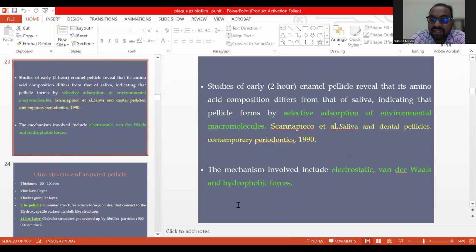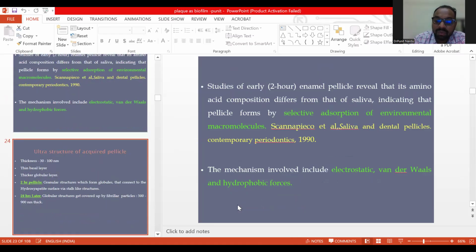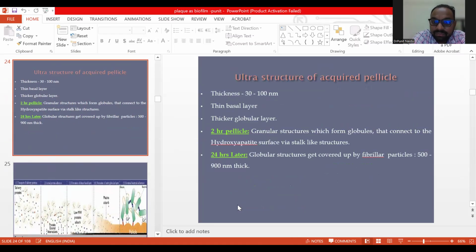Studies have indicated that the in vivo enamel pellicle reveals an amino acid composition differing from that of saliva, indicating that the pellicle forms by selective adsorption of environmental macromolecules. The mechanisms involved are electrostatic, van der Waals, and hydrophobic forces. As for the ultrastructure of the acquired pellicle, its thickness is 30 to 100 nanometers.